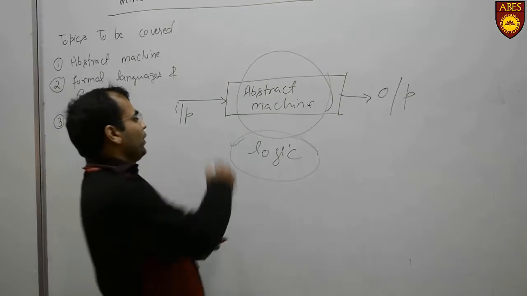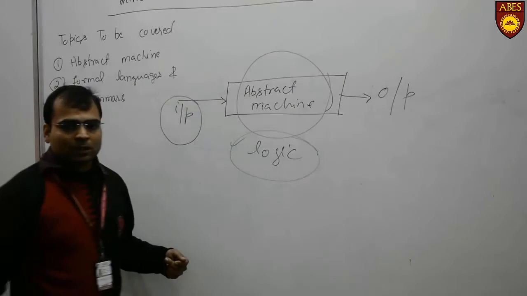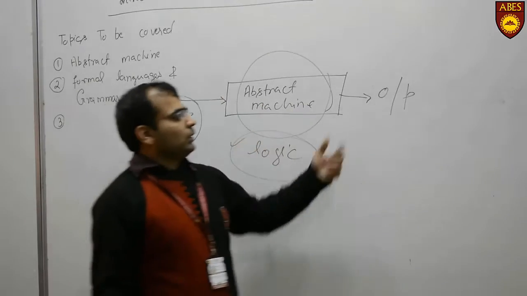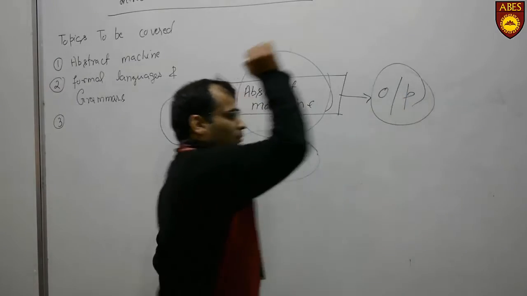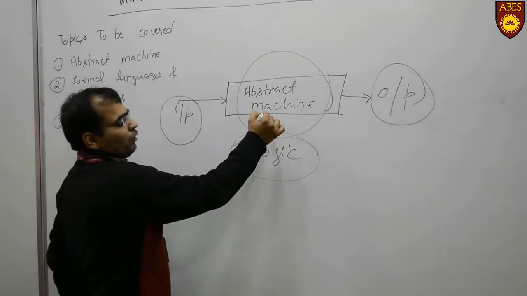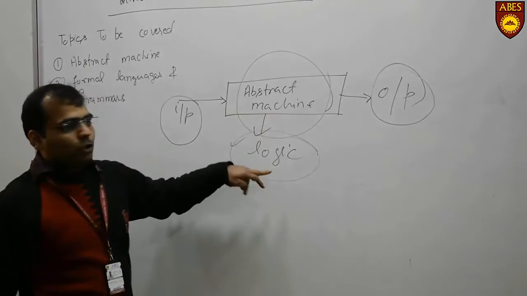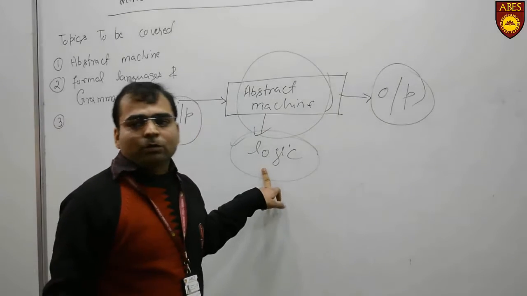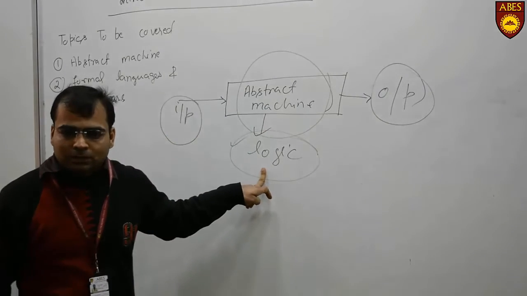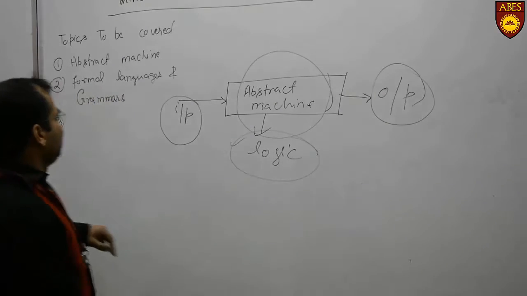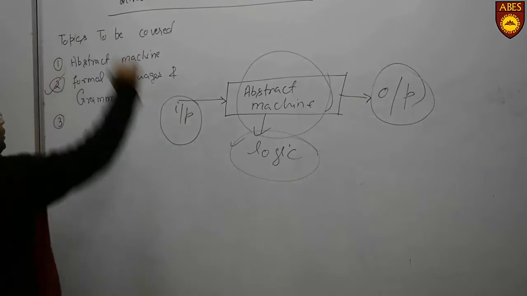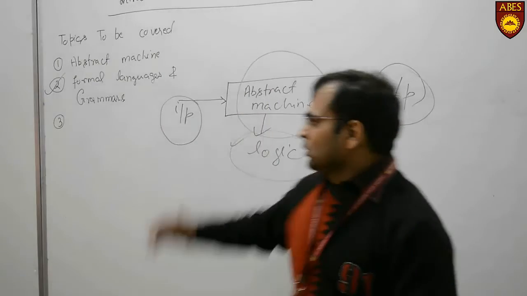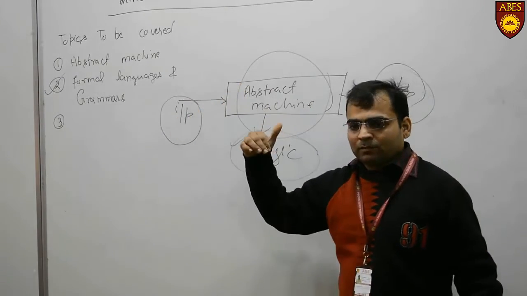We provide input to our machine, and the machine works on that input and provides the output. Clear? So we are going to deal with that logical part, how that logic can be designed, or how the logical steps can be established. For that purpose, we move to the second topic, formal languages and grammars.